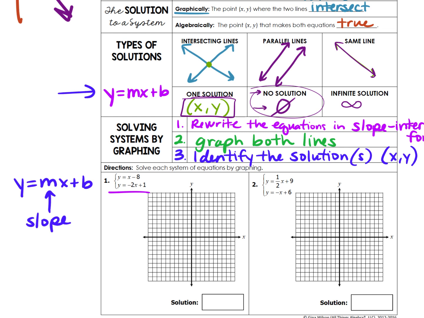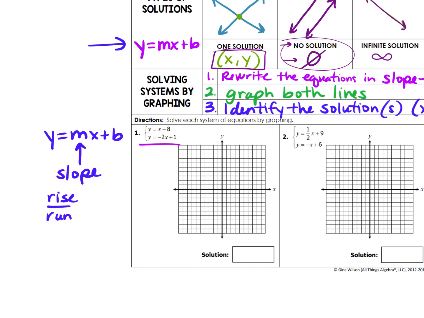Y over x, yep. It's the change in y over the change in x, or they both start with r. It's the rise and run. It's the rise over the run, okay?